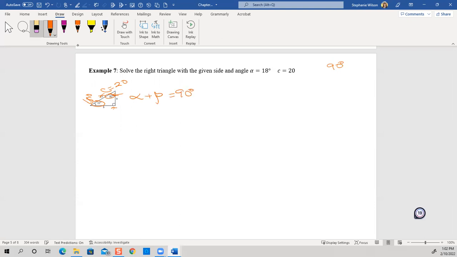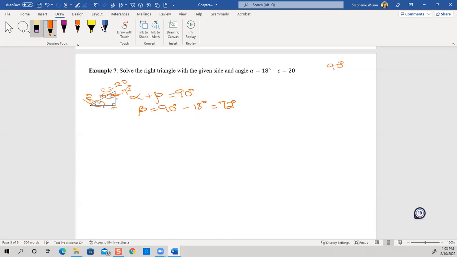We know what alpha is, so beta is going to be 90 degrees minus that alpha, which is 18 degrees, which gives me 72 degrees. I was going to just give you that answer, but then I realized I need to show you the math. So this becomes 72 degrees. All right, so we're good.